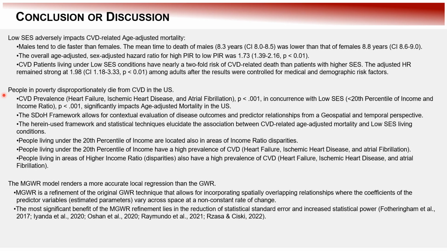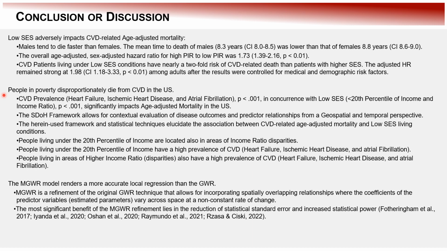We can conclude that people in poverty disproportionately die from cardiovascular diseases in the United States.